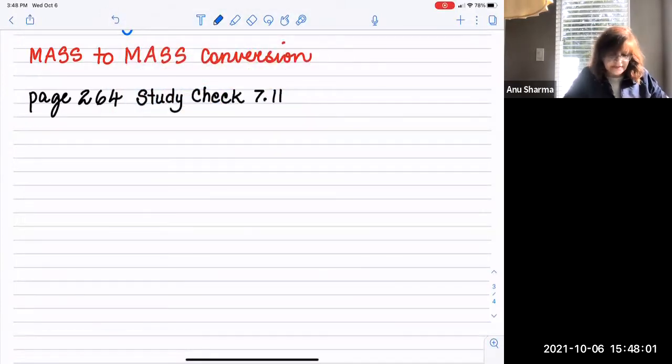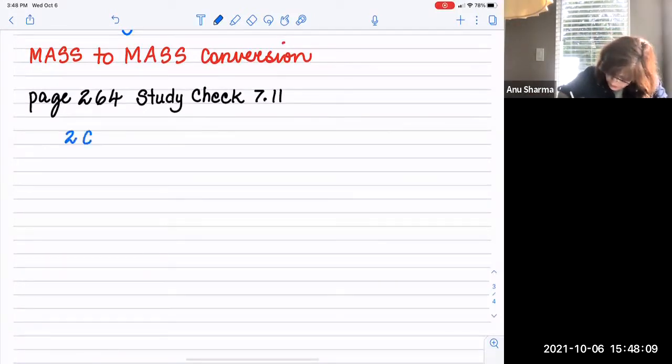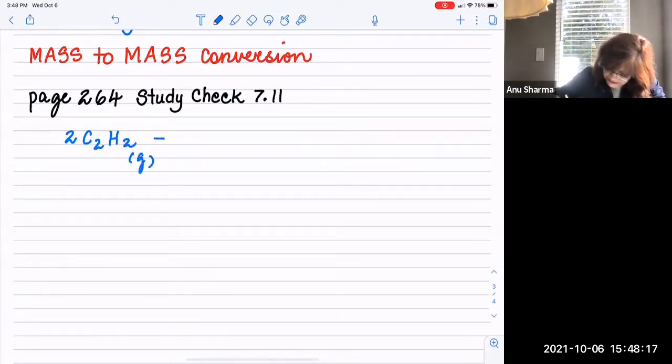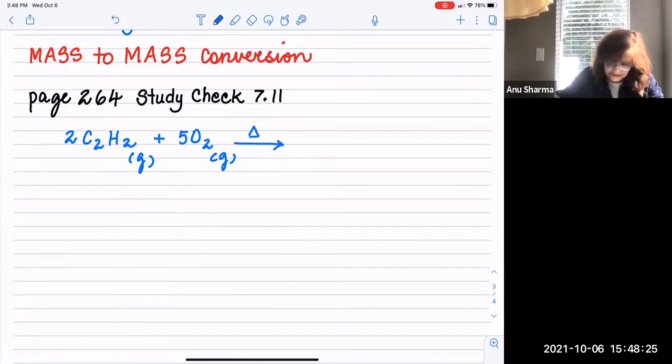Using the equation in sample problem 7.11, you are given 2 moles of C2H2, and this is acetylene. This is a gas. When it is combusted in air, that means with 5 oxygens as a gas, and it's a combustion reaction, so this is the sign of heat.